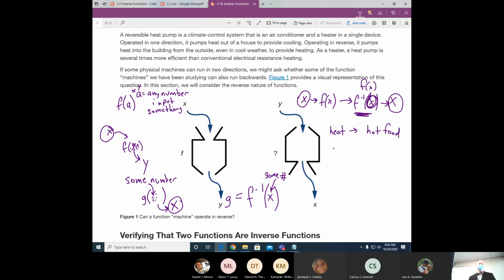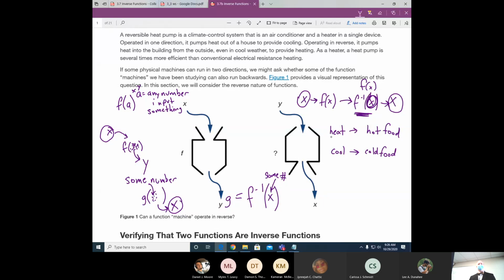Well, if I take and cool my food, then I get my cold food. Heating and cooling are generally inverse. I heat up a nickel, I cool down the nickel, get back the original nickel at a particular temperature.